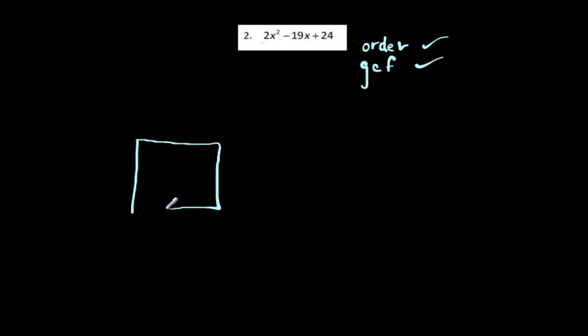So draw your box here. What we're going to do is take the first term and drop it in here. The constant goes in here. Then we're going to multiply the a term and the c term. So 2 times 24 is 48.